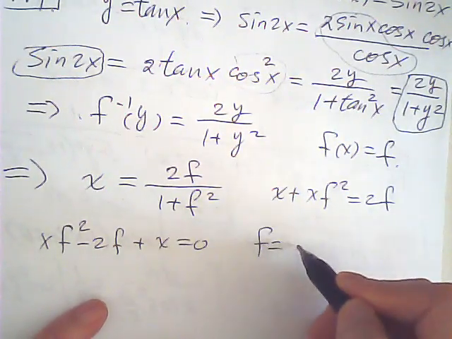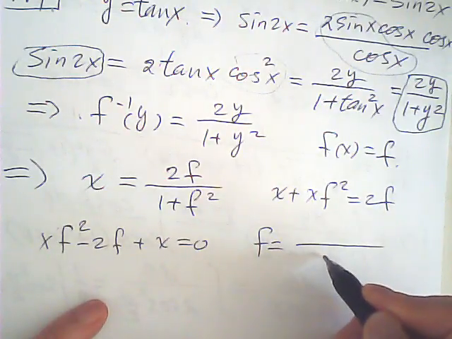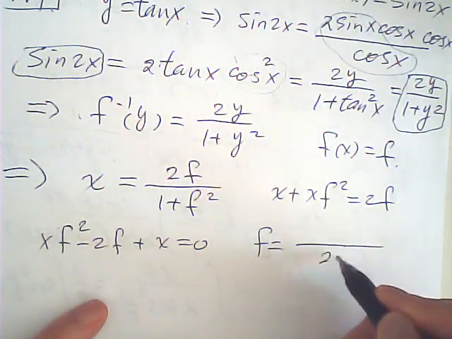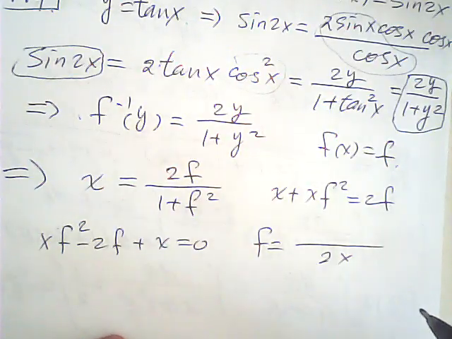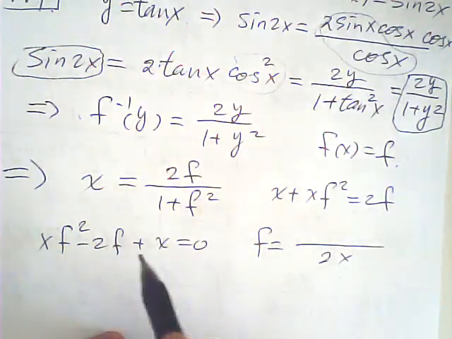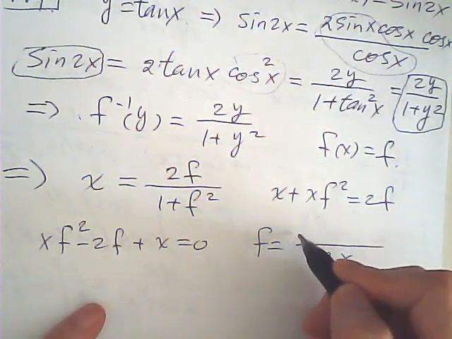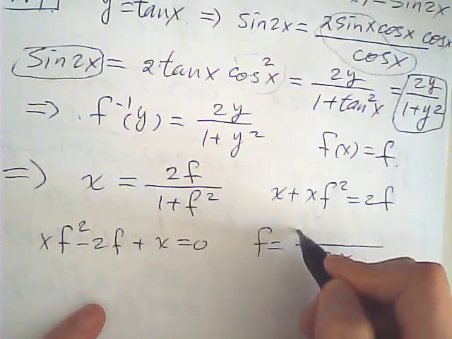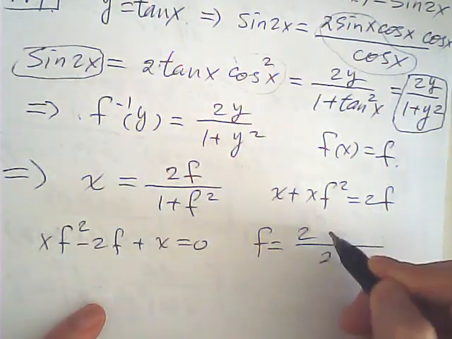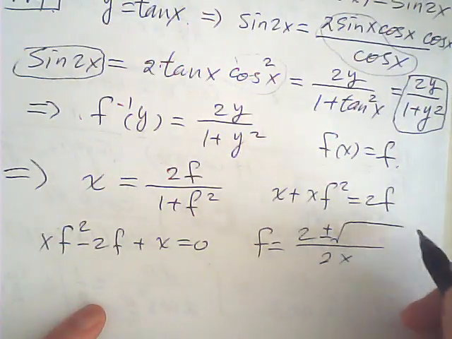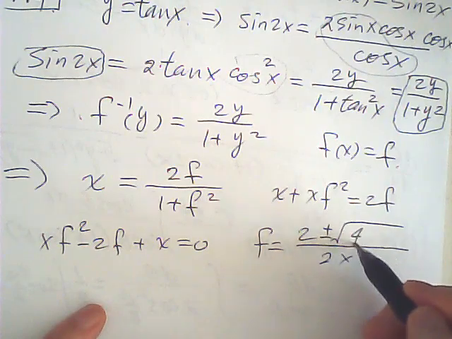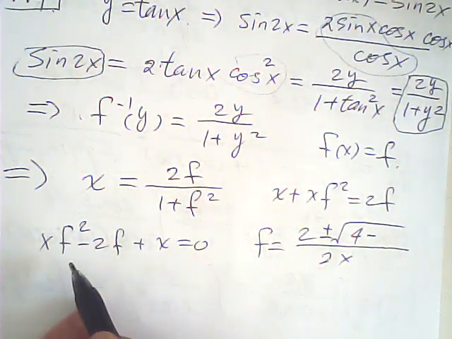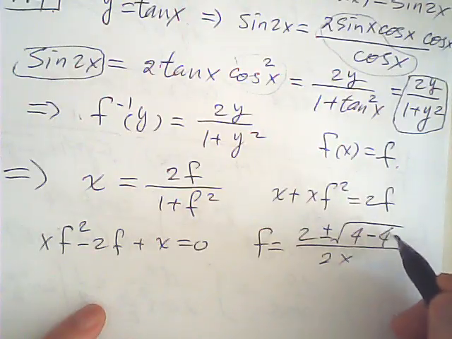So f is equal to negative b over 2a, plus or minus the square root of b squared. b is negative 2, right? b squared is 4 minus 4ac, 4x squared.